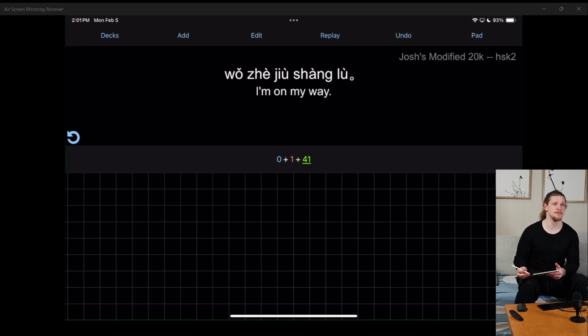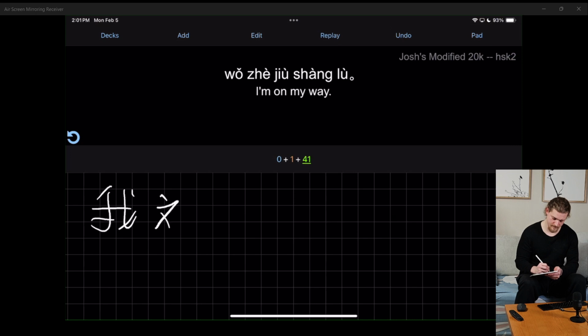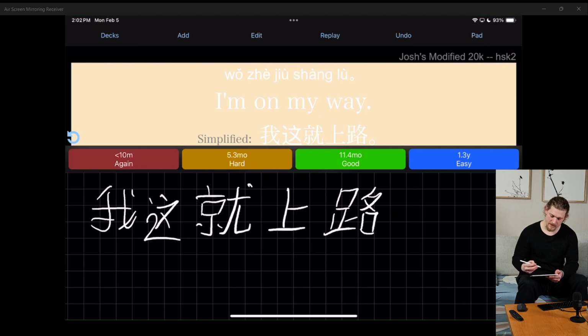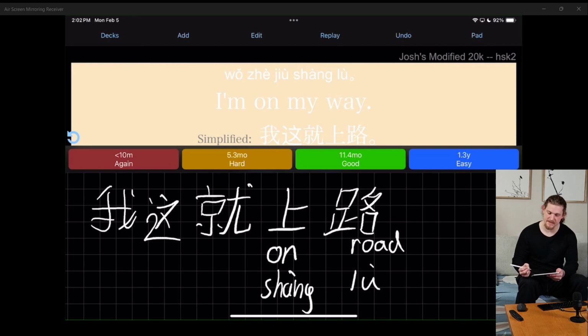我这就上路。So here we have 上 means on, and this 路 here, it doesn't mean road, right? Or well, it does. It still carries the meaning of road or route.